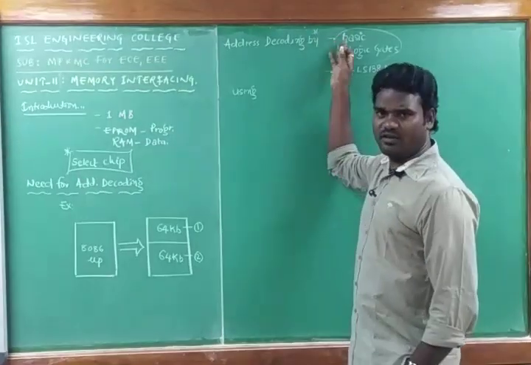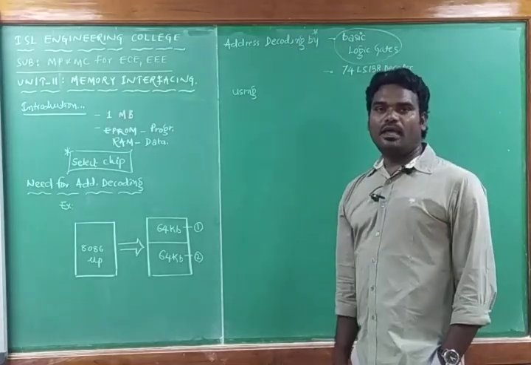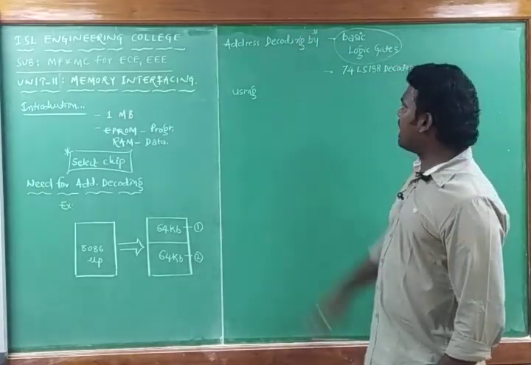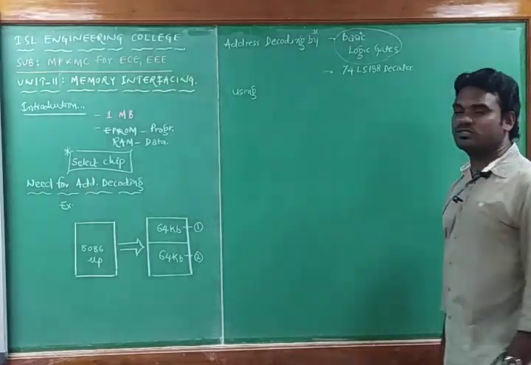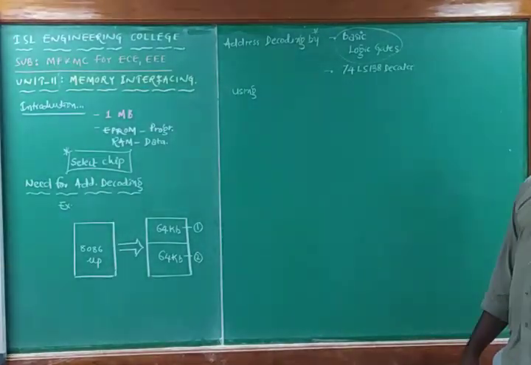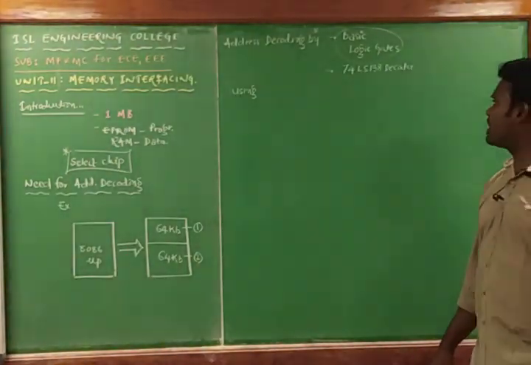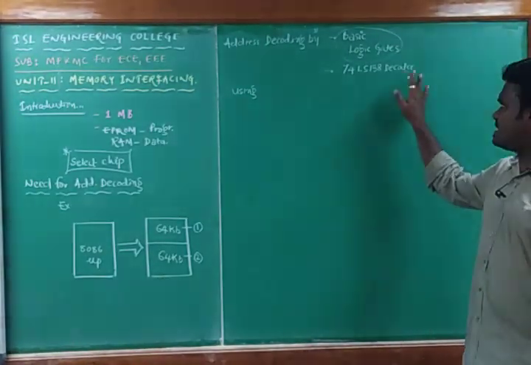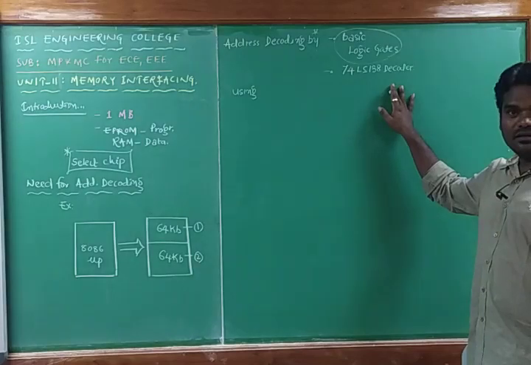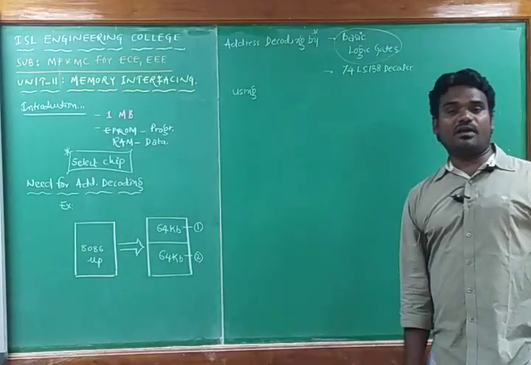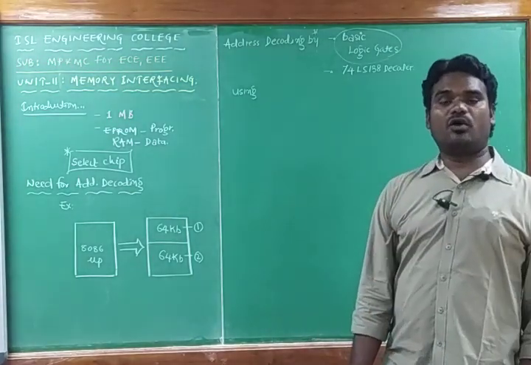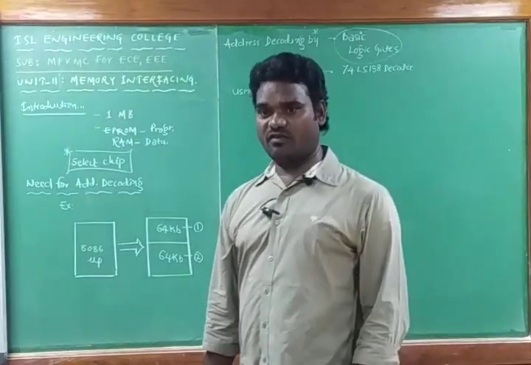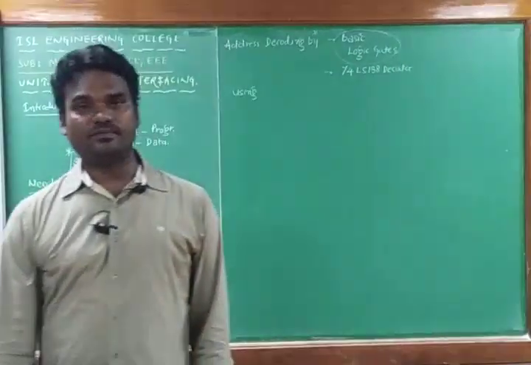The first one is very simple. And again we can achieve the address decoding by making use of one more integrated circuit, named the 74LS138 decoder. It is basically a decoder. When we give n inputs to this decoder, the output lines will be 2 power n lines.